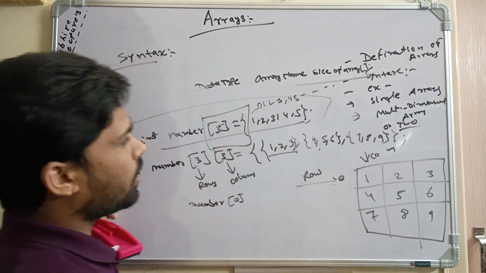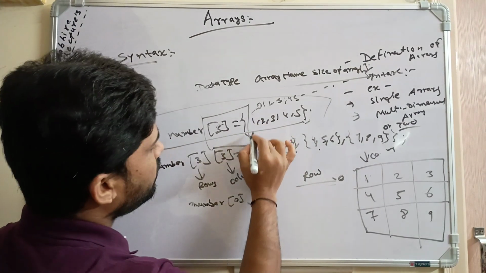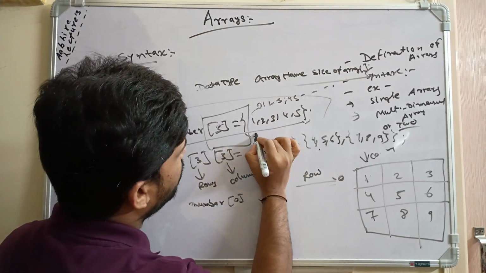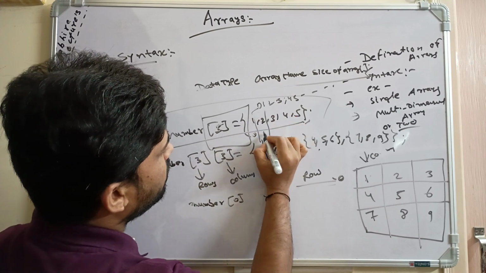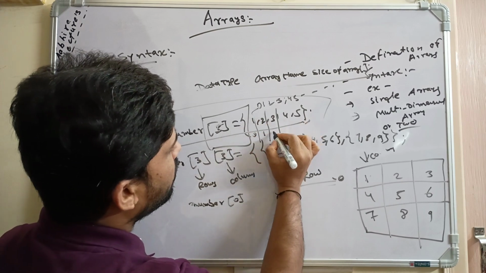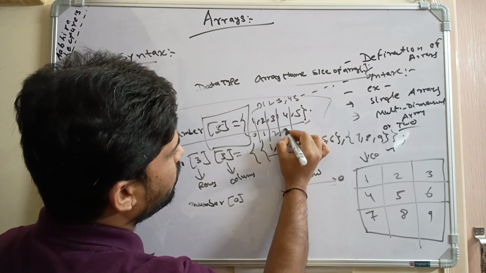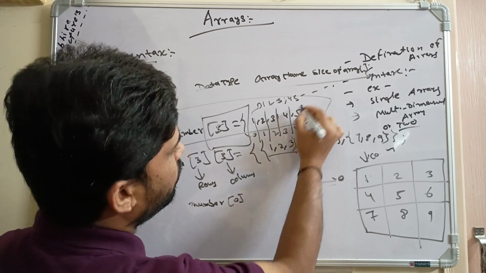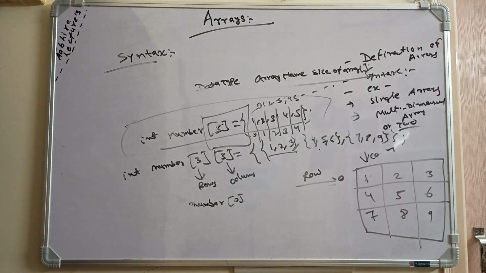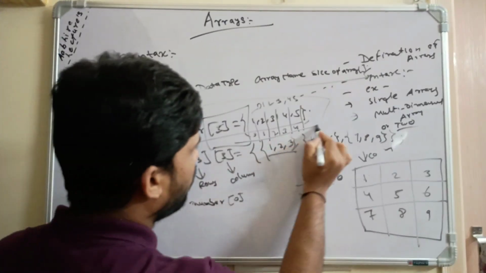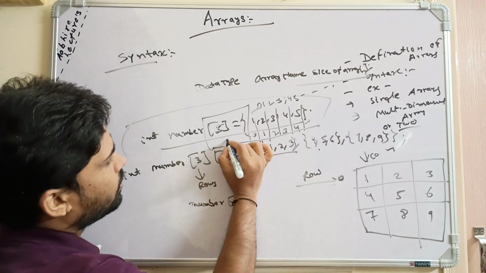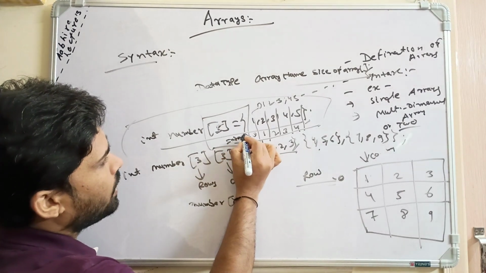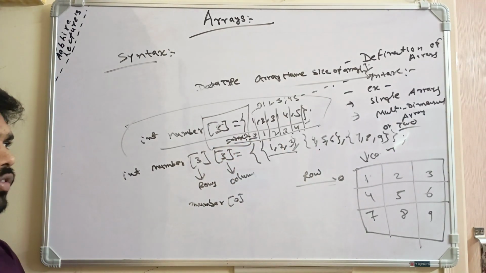Index of 0 means 1 here, index of 1 means 2 here, index of 2 means 3 here, index of 3 means 4 here, index of 4 means 5 here, because it starts from 0. So we have to count from 0. This is the index: 0 1 2 3 4.